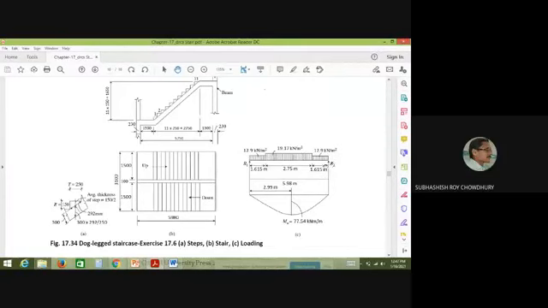So you may find out the support reaction, and you may find out the maximum sagging moment. The maximum sagging moment may not be acting at the central location, mid span, because the loads may not be symmetric. The span length of the full landing and half landing may not be symmetric. So please be careful. Find out the location of the zero shear force, and there you find out the maximum sagging bending moment.